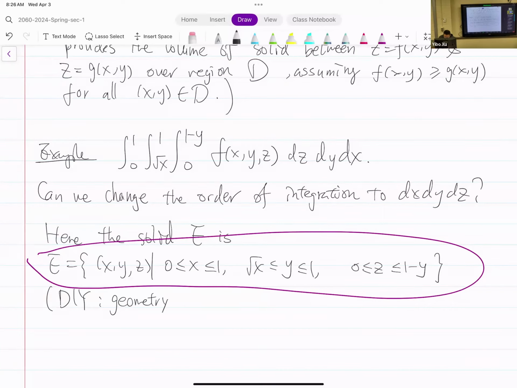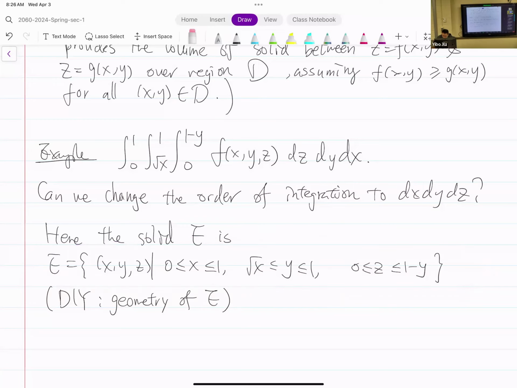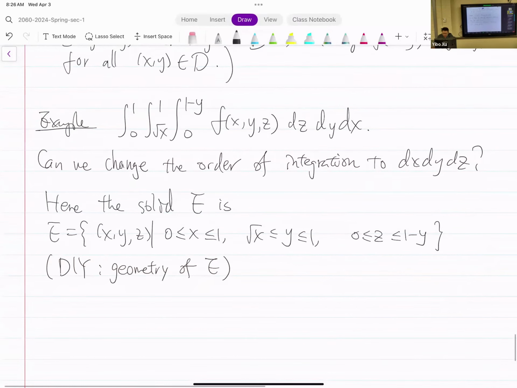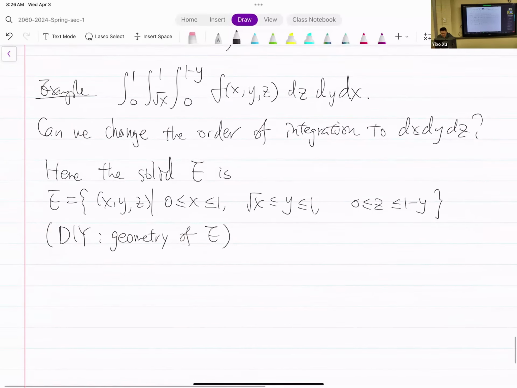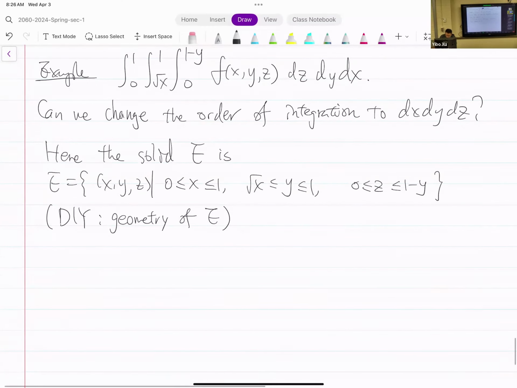So there are online websites and or software that you are able to utilize to plot the solid. But here, in class, we're just going to do the sketching. So this region D is now relying on x and y, right? So basically, we can do the illustration by sketching.